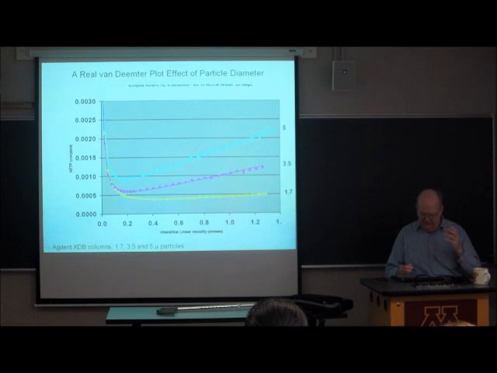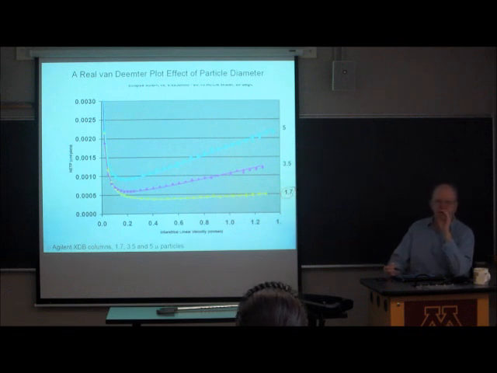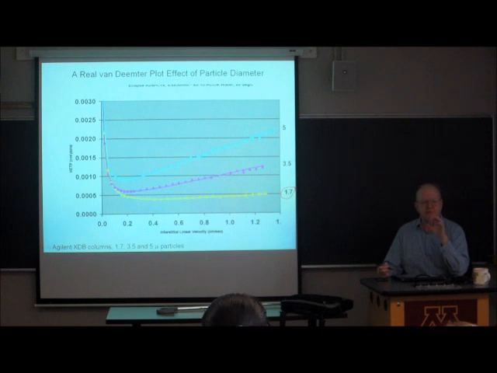And the particle is a silica particle. The data here were for particles that were 1.7 microns. I said 50 microns was the narrowest capillary you'd see in GC. This is 25 times smaller than that. Also 3.5 micron particles and 5 micron particles.